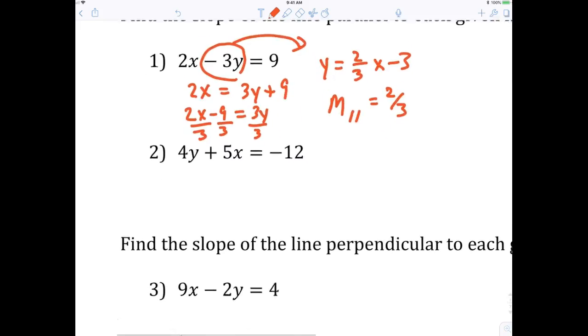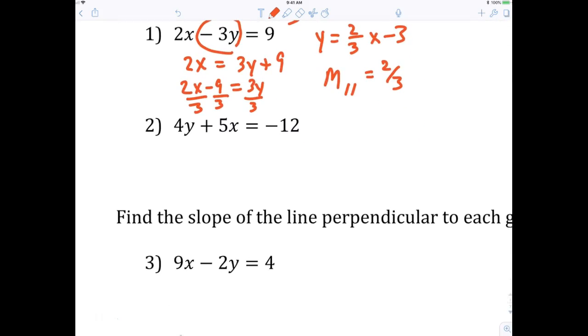All right. Number 2, I'm trying to find the slope of the parallel line. Same situation. Move the 5x over. 4y equals negative 5x minus 12. Now I need to do what to both sides? Divide by 4. So I end up with y equals negative 5/4 x minus 3.